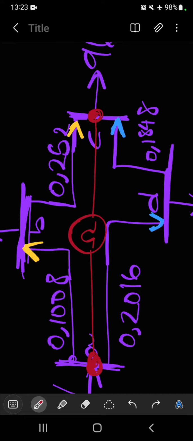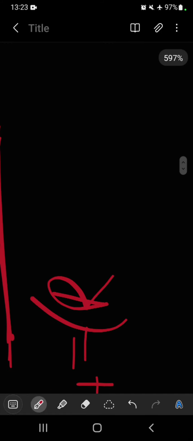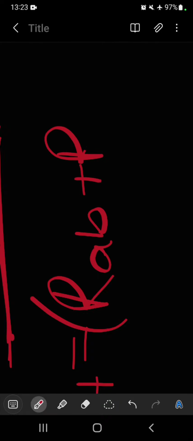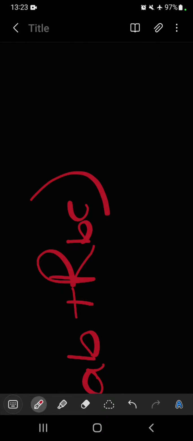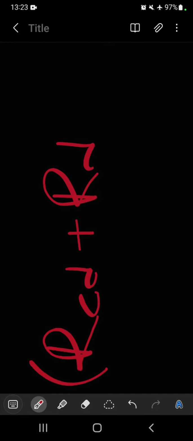I'm gonna put down what I just said. RThevenin is equal to the top resistance, that is RAB plus RBC, in parallel with RCD plus RDA.